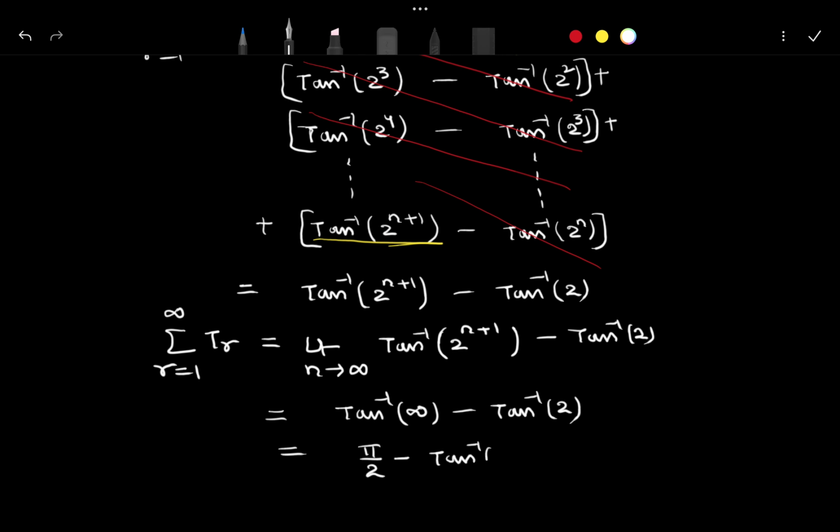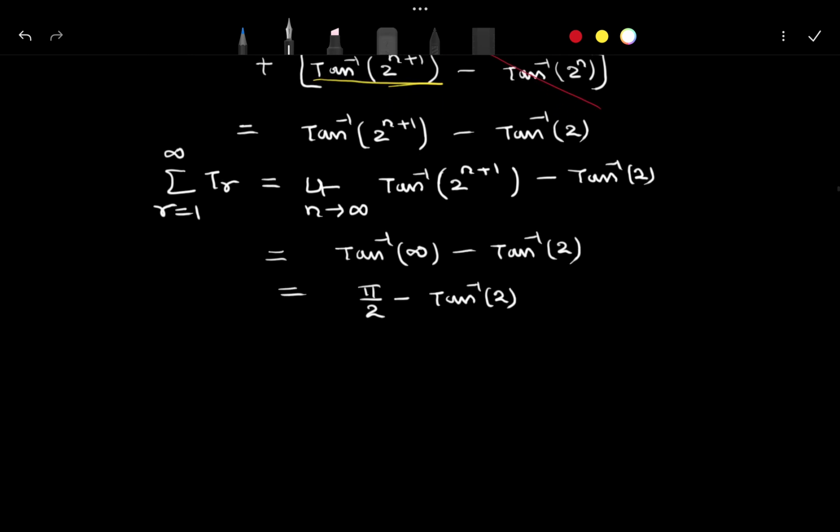Now by using the formula, what is that formula we know? Tan inverse of x plus cot inverse of x equals pi by 2. So by using this formula, pi by 2 minus tan inverse of x, we can write as cot inverse of x. So the x value is 2.